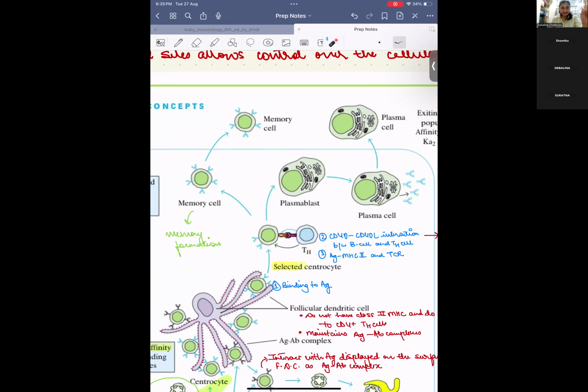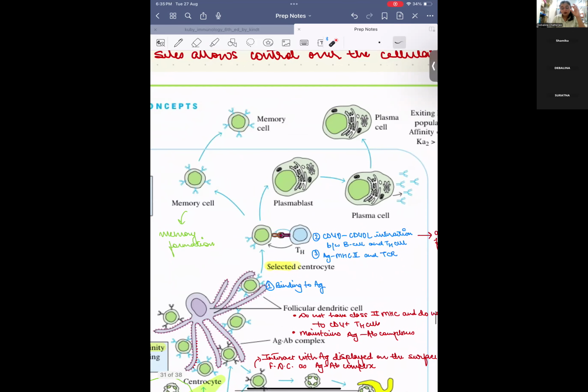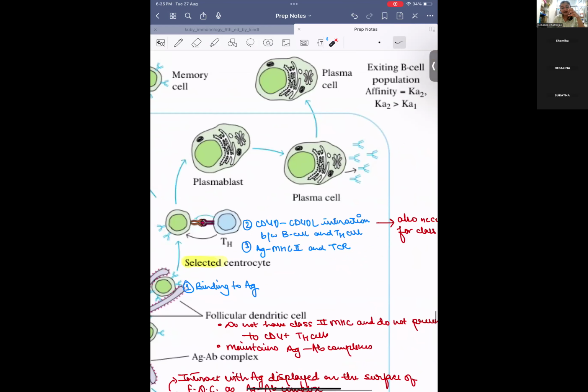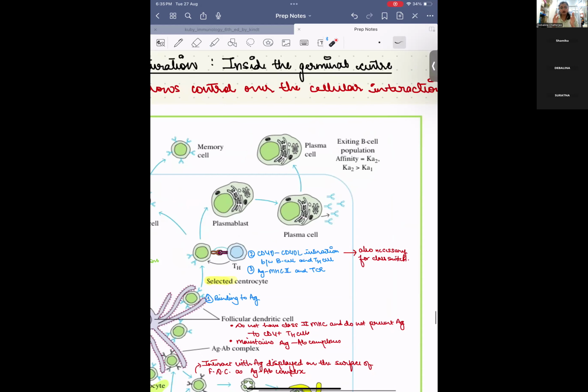For this interaction, the most important interaction that happens to maintain the activation, maintain the selected state of the centrocyte, is the CD40 on the B cells and the CD40L molecule on the T helper cell. This interaction between the B cell and the T helper cell is going to give a positive signal to this selected centrocyte.